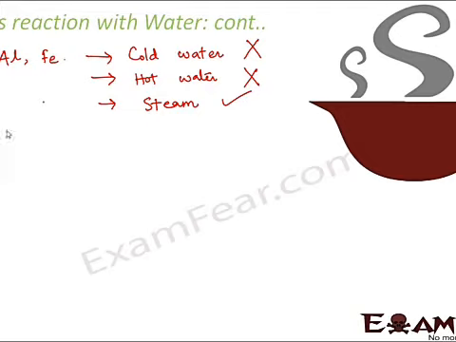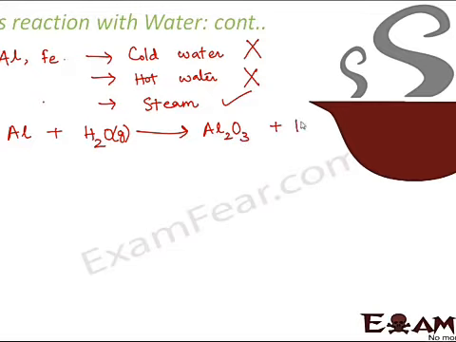So how does the reaction look? The reaction is somewhat like this. Aluminium reacts with steam. Now this H2O is nothing but steam, the gaseous form of water. This forms aluminium oxide, that is Al2O3, and hydrogen gas is released. So if you want to balance the equation, here you go.